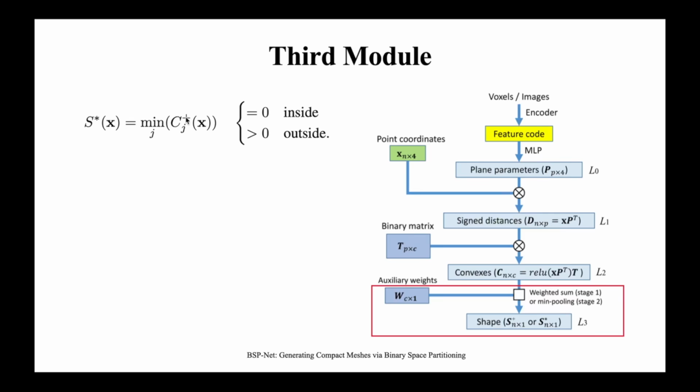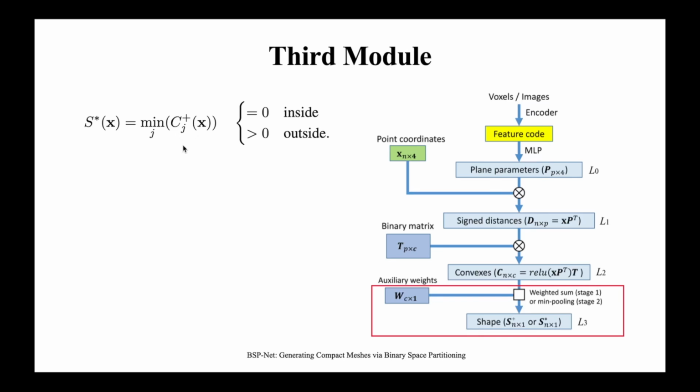This C_j(x) is the distance between a point and a convex set, which the model has learned in the second module. So for a certain point, this equation finds its minimal distance among all convex sets.